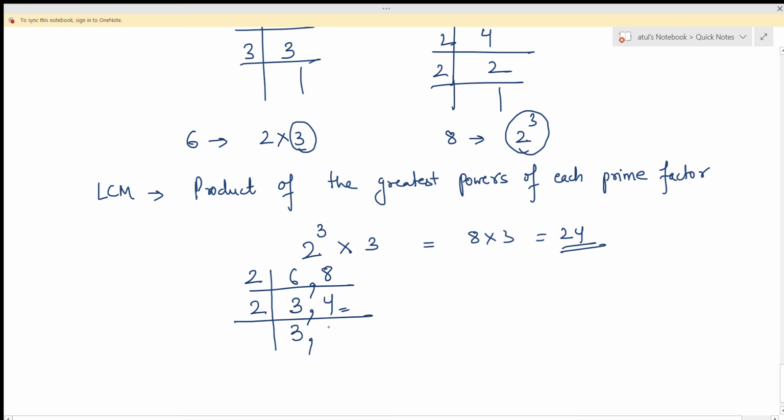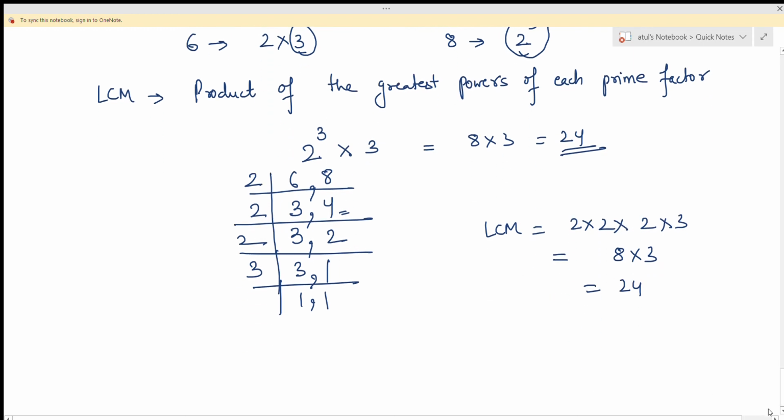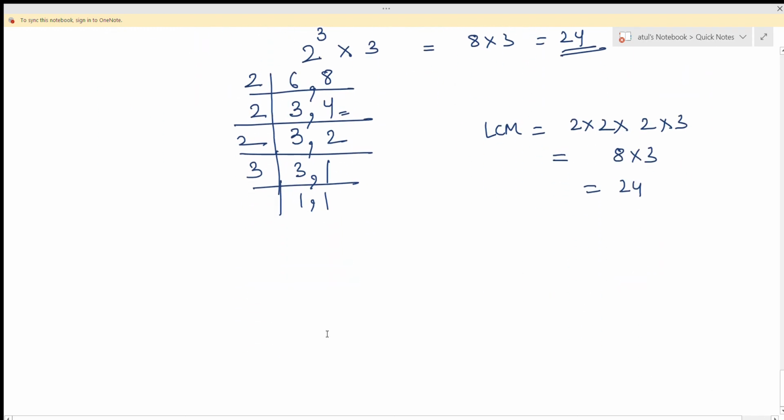Then again 2, 3, 1. Now only 3 is left, so I can use this. So what will be the LCM if you check? 2 into 2 into 2 into 3. So that's 8 into 3, which is 24. You can use any of the techniques, whichever you feel is easier for you.